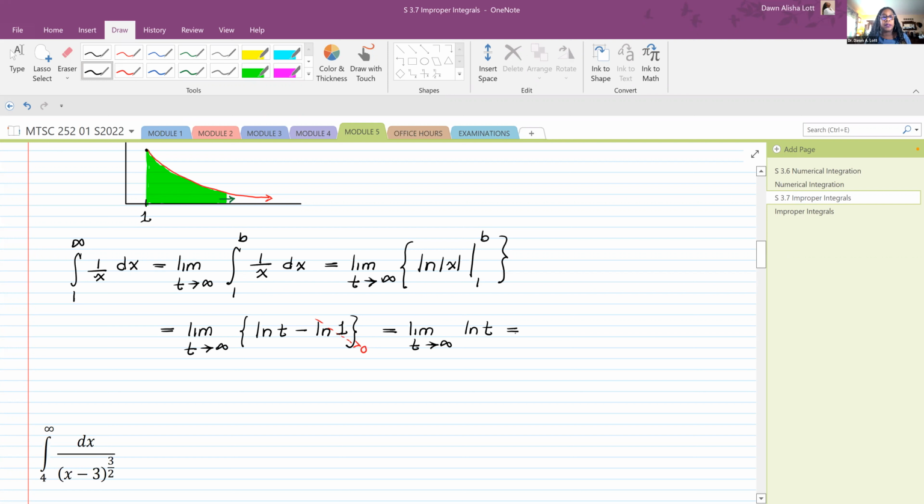It goes to what? Alexis, what does this go to as t goes to infinity? What does the log function do?